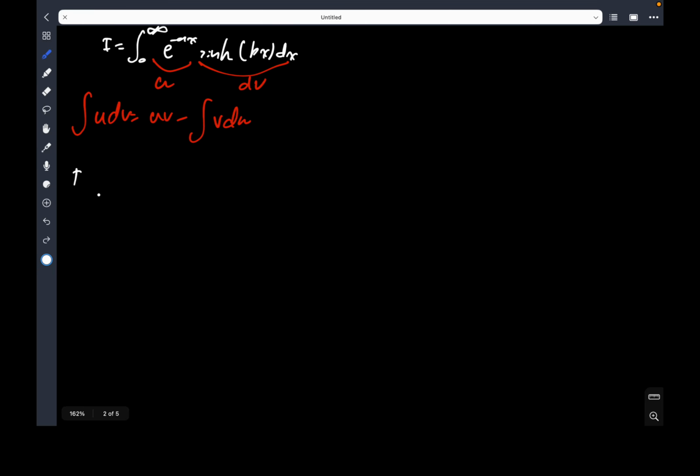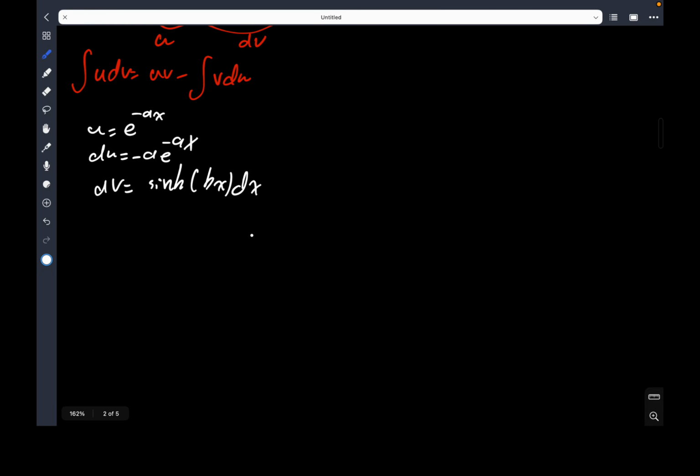Let me first write my u and du here. My u is e to the negative ax. Thus, du is negative a e to the negative ax. My dv is sinh of bx dx. And if I integrate it, v equals cosh of bx over b.